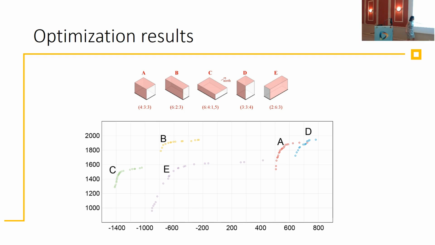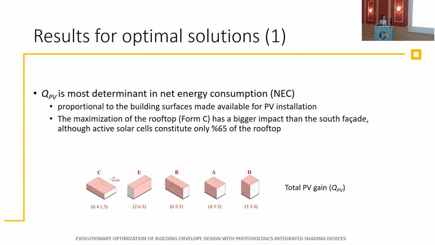So this is the net energy consumption and this is daylight autonomy. And photovoltaic electricity generation is directly proportional to the building surfaces made available for them.